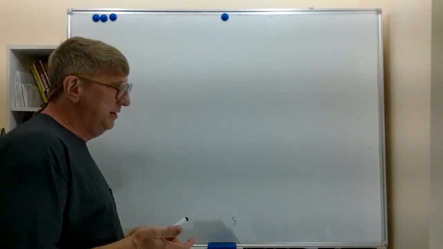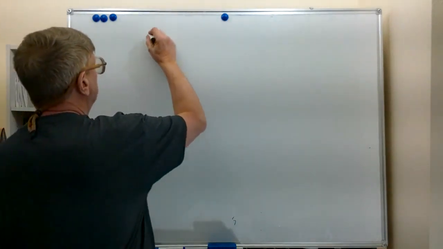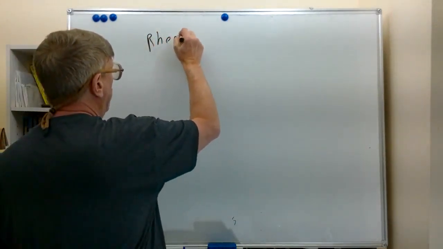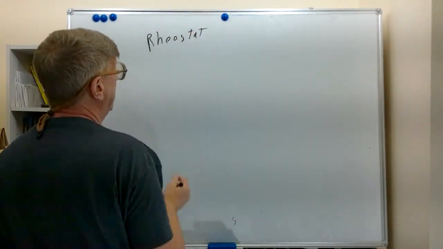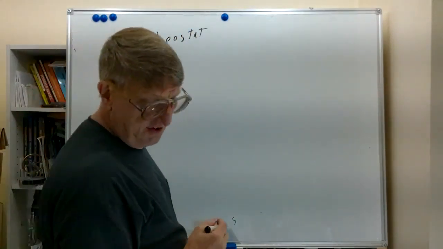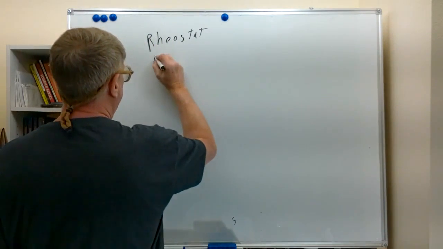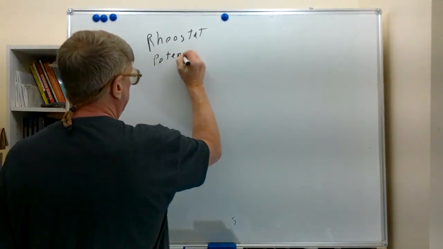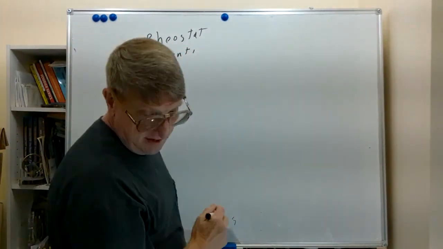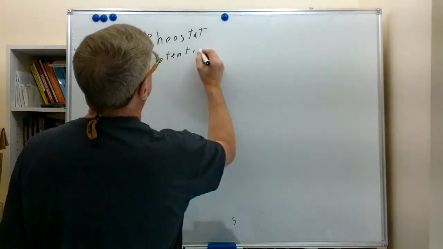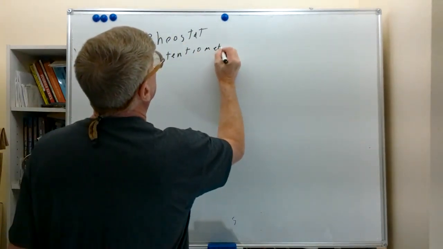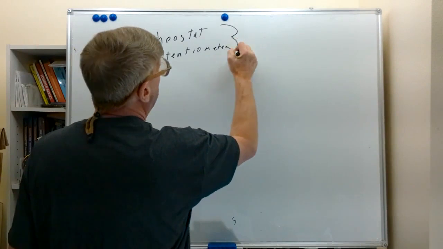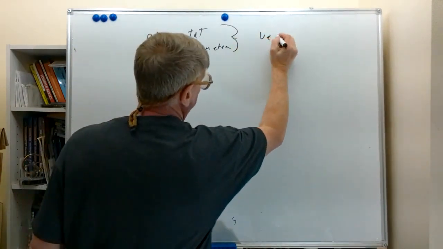Now, both the rheostat and a potentiometer are both a variable resistor.